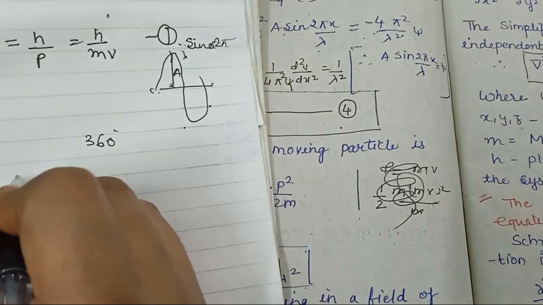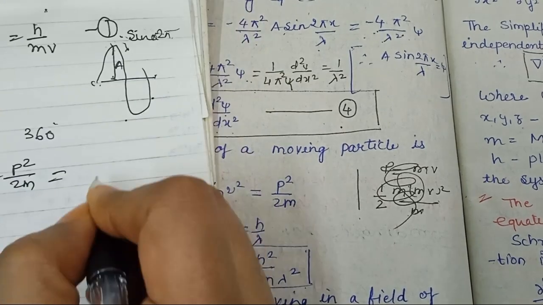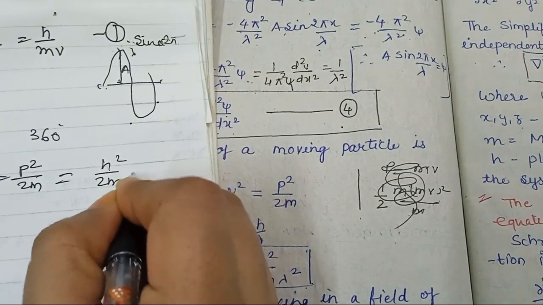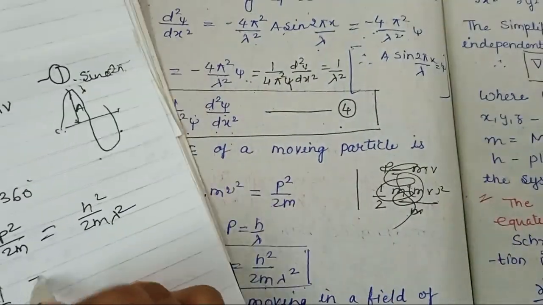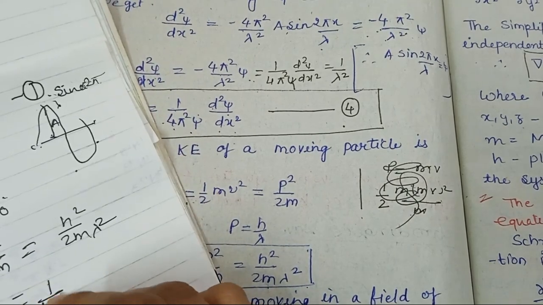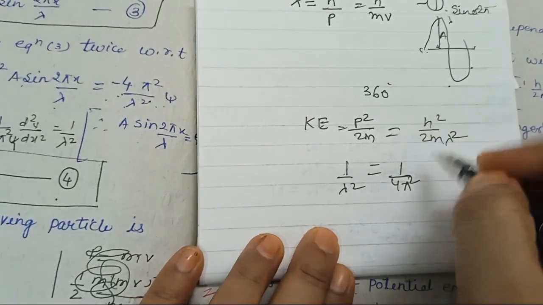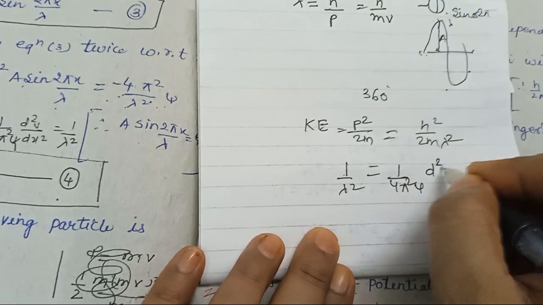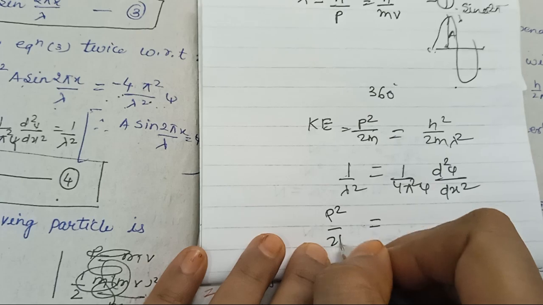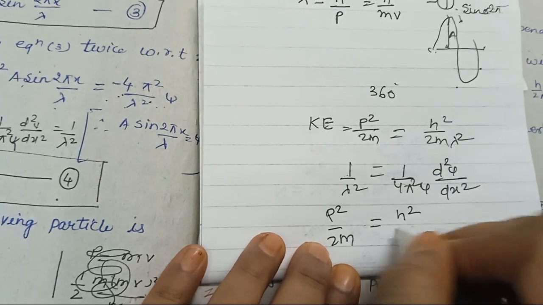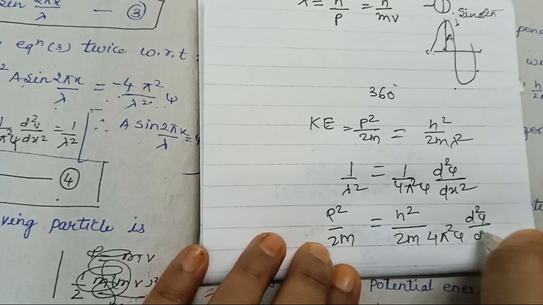Kinetic energy equals p square upon 2m, that is h square upon 2m lambda square. What is the value of 1 upon lambda square? From equation 4, 1 upon lambda square equals minus 1 upon 4 pi square psi, d2 psi upon dx square.